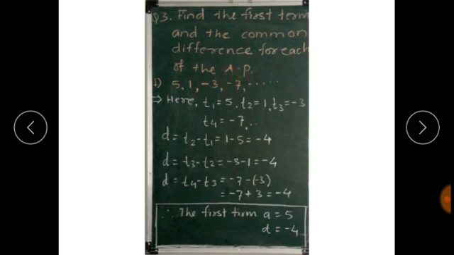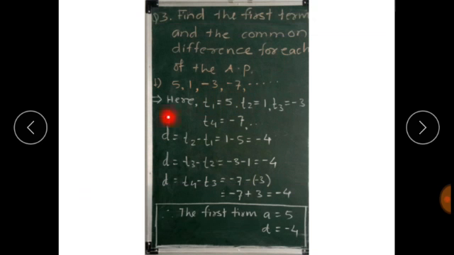Now they have given the sequence 5, 1, minus 3, minus 7. The first term A is 5 and we have to find the difference between the terms. We need not worry because they already mentioned that it is an AP, so the difference will definitely be common. We can find the difference between any two consecutive terms; that would be sufficient.